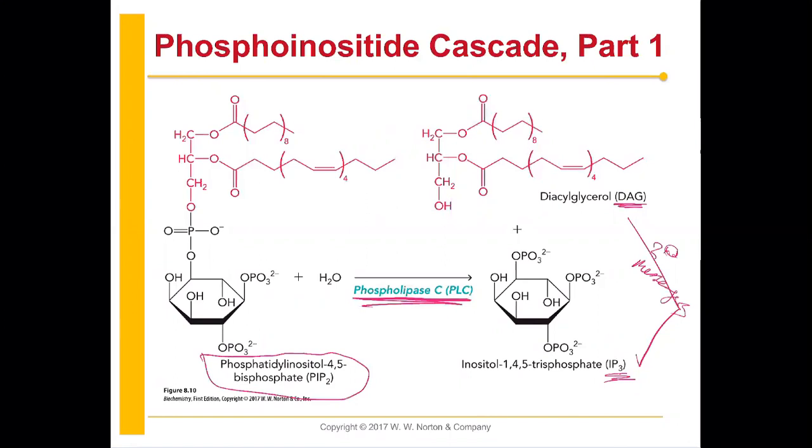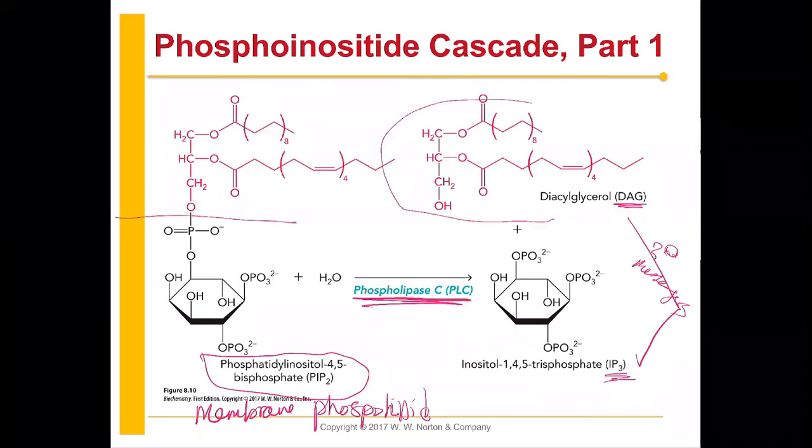So here is a membrane phospholipid. You should know about phospholipids from lab. You have this membrane phospholipid and it becomes hydrolyzed. When that is hydrolyzed, we end up with 2 products: DAG and IP3.